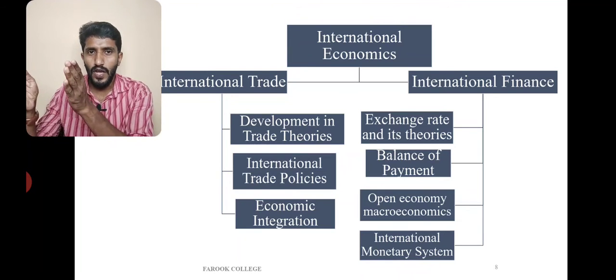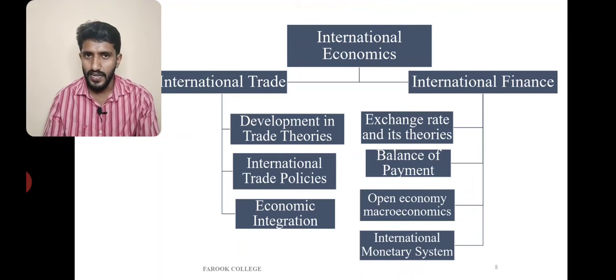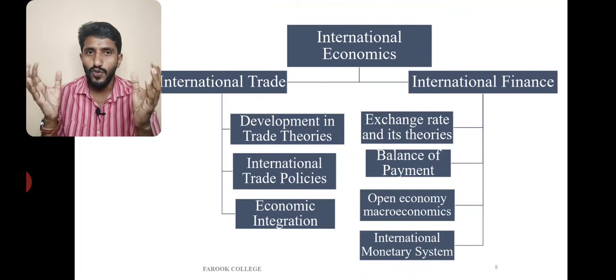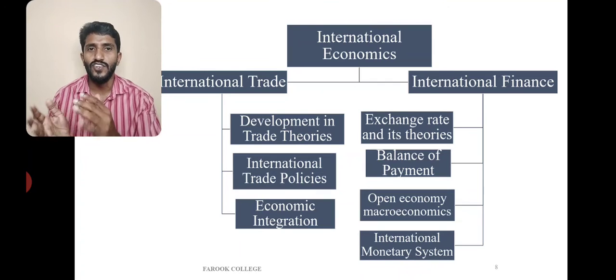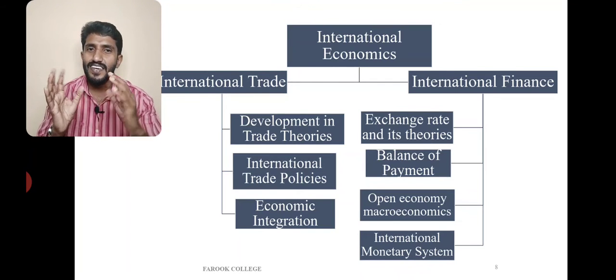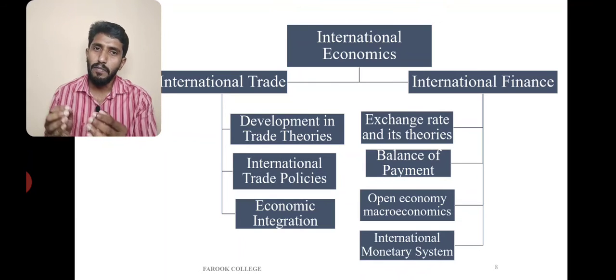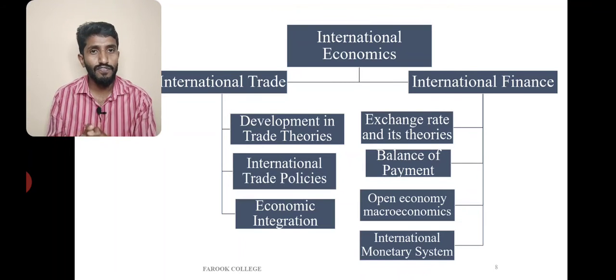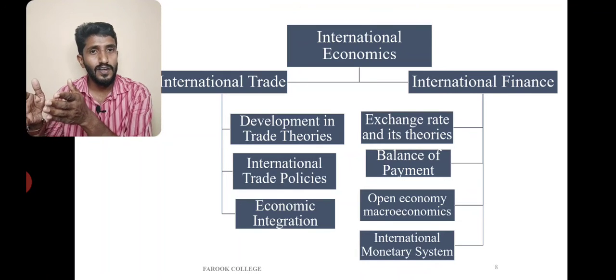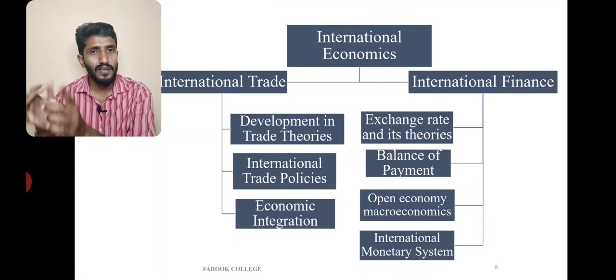When we come to the part of international trade, firstly there are different theories or principles of international trade, explaining why trade is happening. All the trade theories say that trade is beneficial and countries can gain through trade. There is no doubt about it. There are different principles and theories like mercantilism.